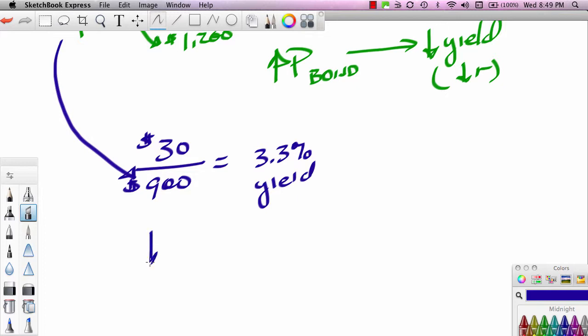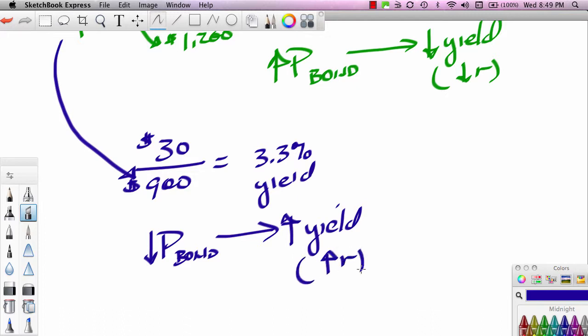So the drop in the price of the bond leads to an increase in the yield on the bond, the effective interest rate on the bond. So again, bond prices and bond yields are inversely related.